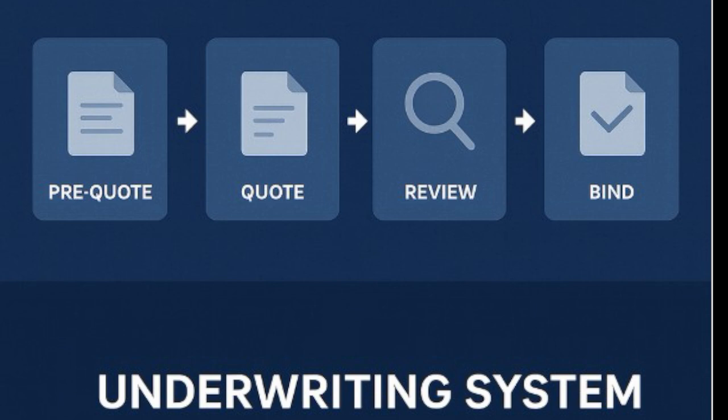It checks whether a policy or risk should be accepted, rejected, or referred for review before binding by ensuring that every quote or policy complies with business rules, state regulations, and the risk guidelines, all before coverage becomes active.